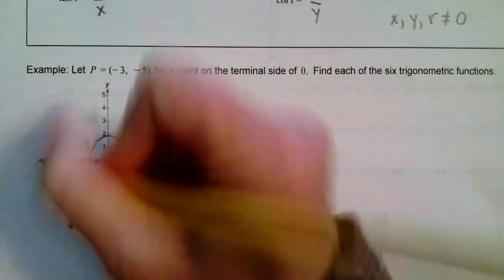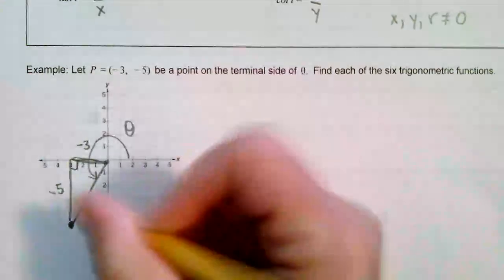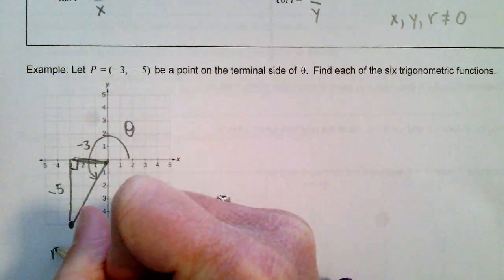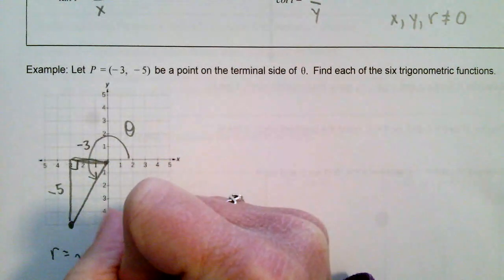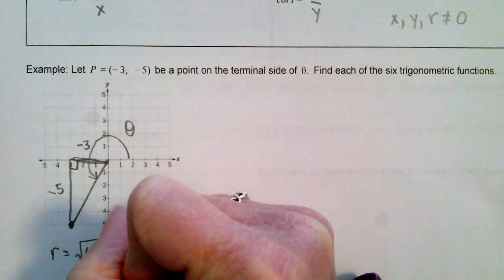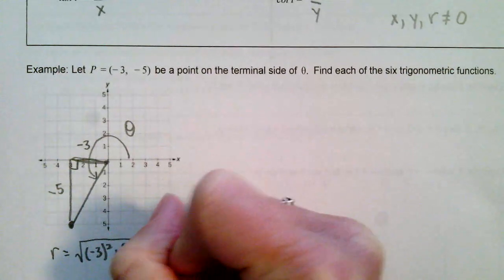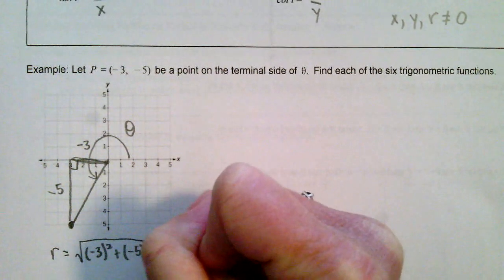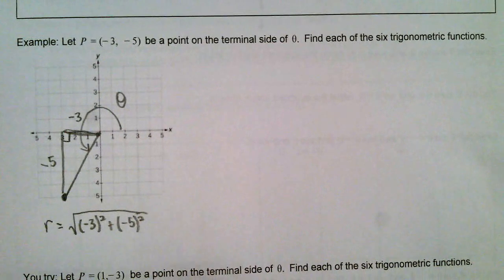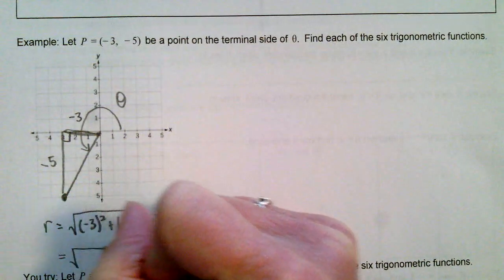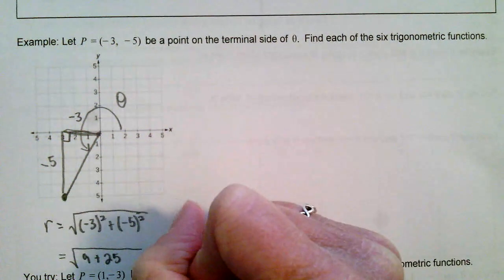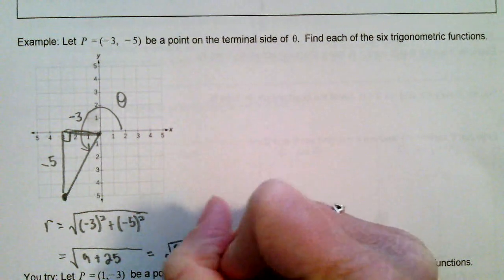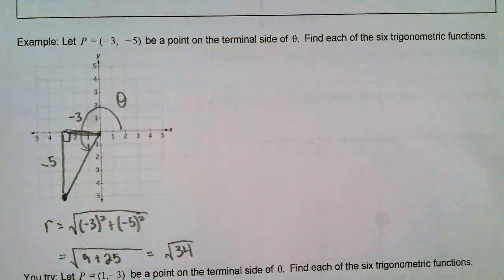This side is -5. Our distance, which we call r because it would be the radius of a circle, is going to be the square root of (-3) squared plus (-5) squared. Simplifying, that's the square root of 9 plus 25, which is the square root of 34, and the square root of 34 can't be simplified at all.